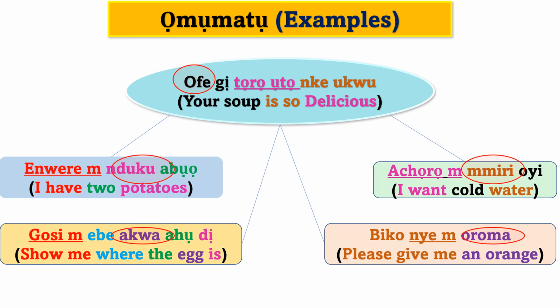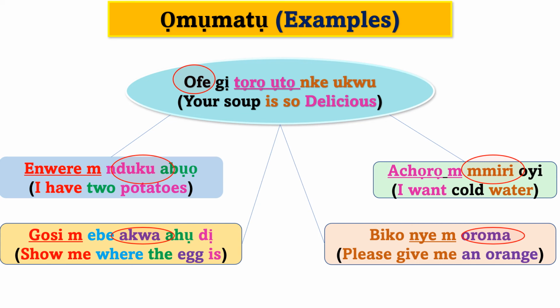The nduku, that's the potato, came after the number. And here too, the item, which is water, came before the temperature of the water. So the same way, the item came before the number. So take note of that so that you won't be translating it directly. So achọrọ mmiri oyi, it means I want cold water.